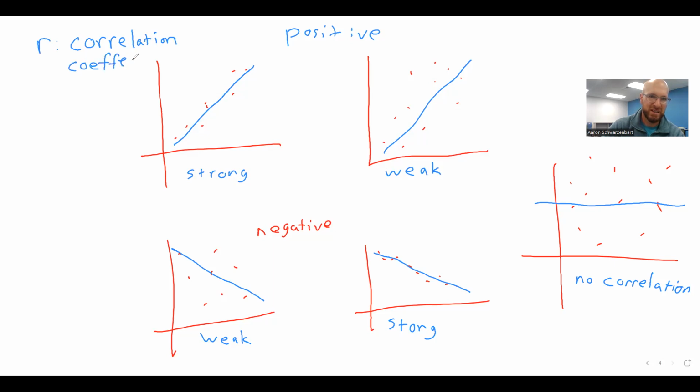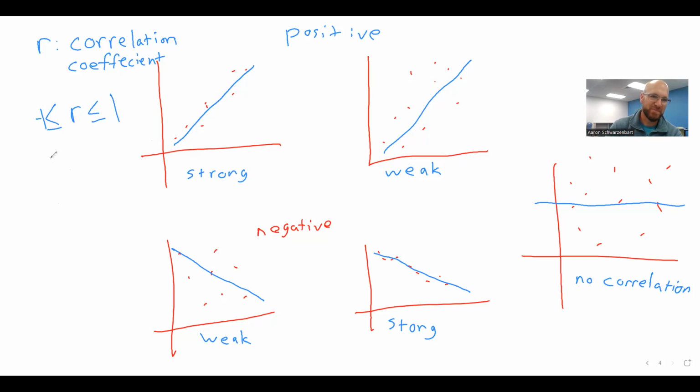R is a kind of ugly, complicated calculation that you can learn about in statistics, but it's always a number between -1 and 1. -1 means every point is dead on my line, making a perfect line with a negative slope. +1 makes a perfect line with positive slope. Hint, positives are positive slope. Doesn't matter how steep the slope is. That has nothing to do with the correlation. It's how tight they fit to the line.